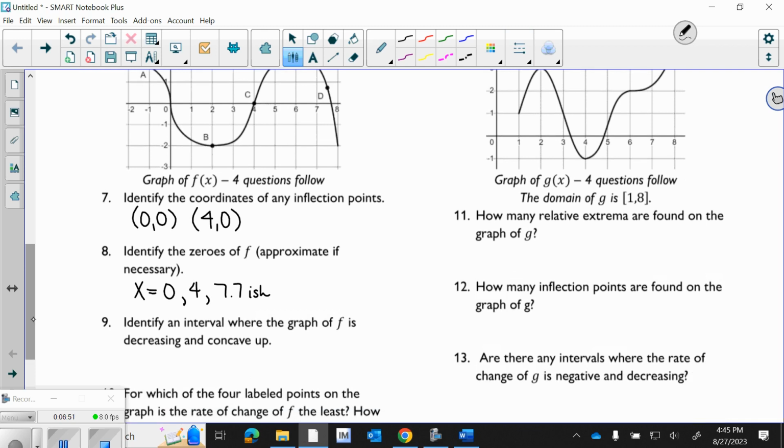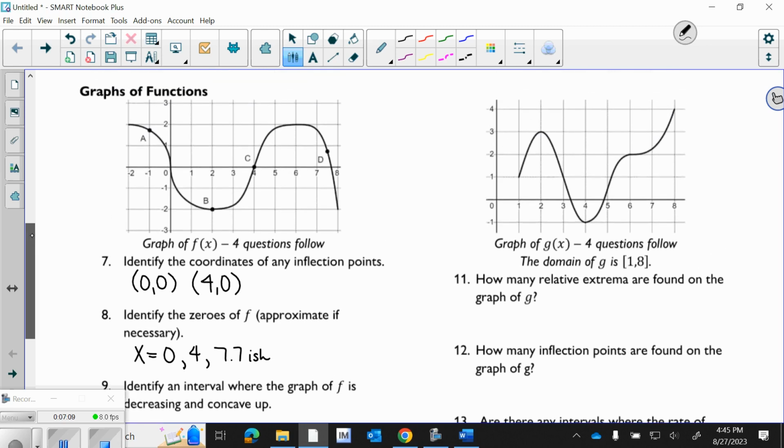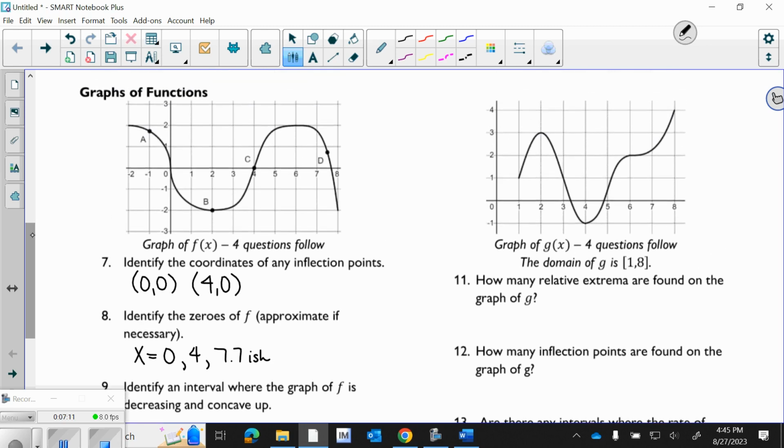Number 9, identify an interval where the graph of f is decreasing and concave up. So we just talked about concave up and concave down. What does it mean for the graph of f to be decreasing? In this case, you're focusing on your y values. Where are the y values decreasing?